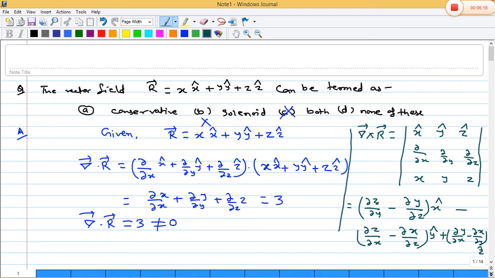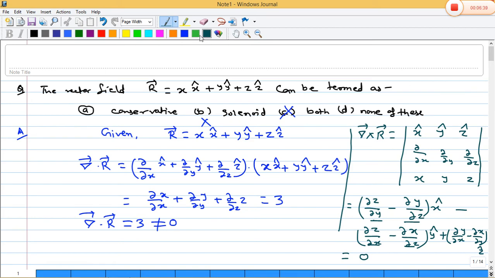Now if any variable is differentiated with respect to another, that one is constant for this variable, so with respect to y it will be 0. So 0 minus 0 will be 0, it will be 0, it will be 0, all will be 0. So we can say the curl of R will be 0.